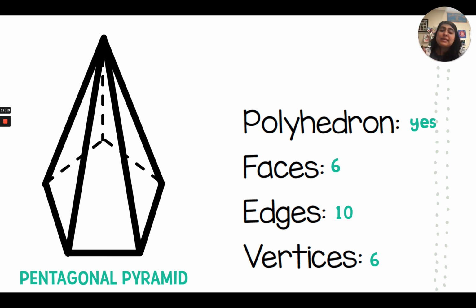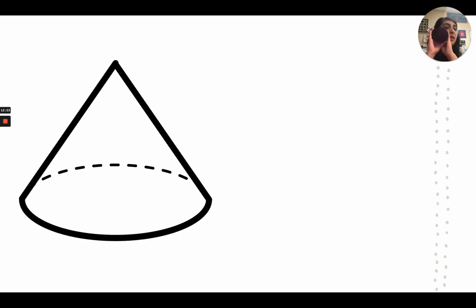All right, next up, we've got a pyramid that's got a circle for the base. So similar to a cylinder, it's giving us a sharp point this time, but it's not really giving us any sharp edges here. If I were to put this down, it's going to roll off. Think of a party hat, or think of an ice cream cone.